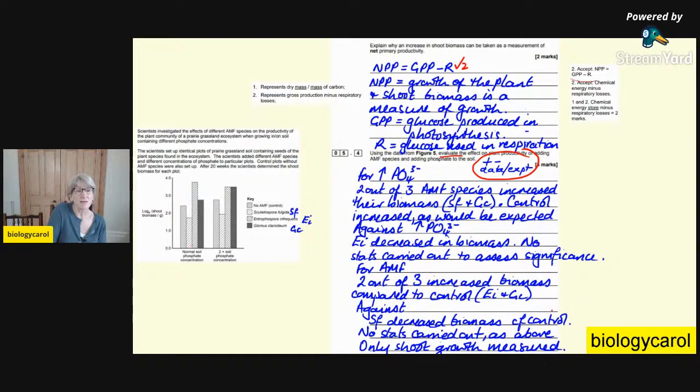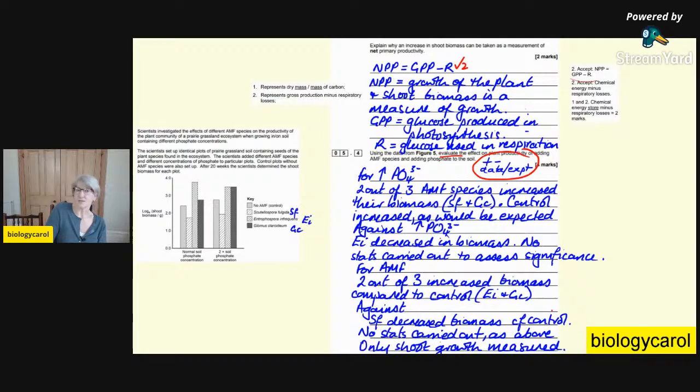So you can see that SF increased and GC increased. Control also increased, as you would expect. Does that make sense? If you increase the amount of phosphate in the soil, you'd kind of expect any plant to increase, even if it hasn't got these AMF around its roots.